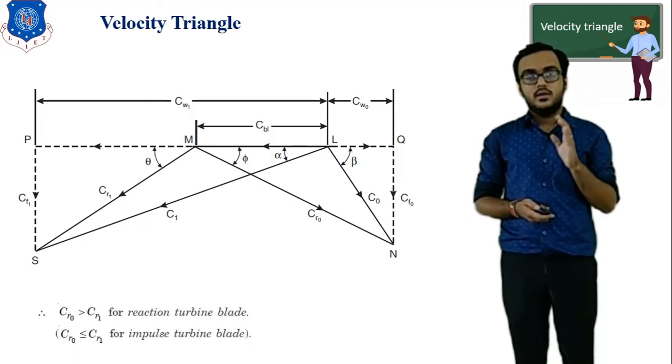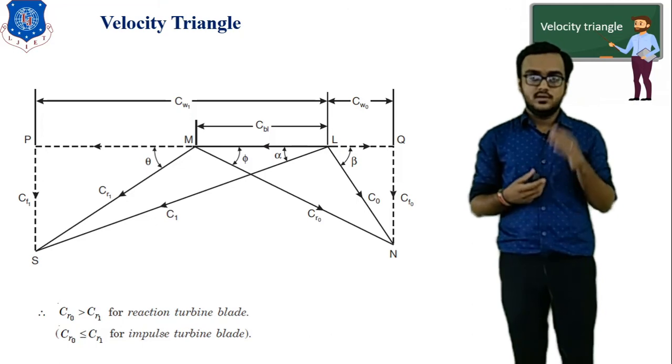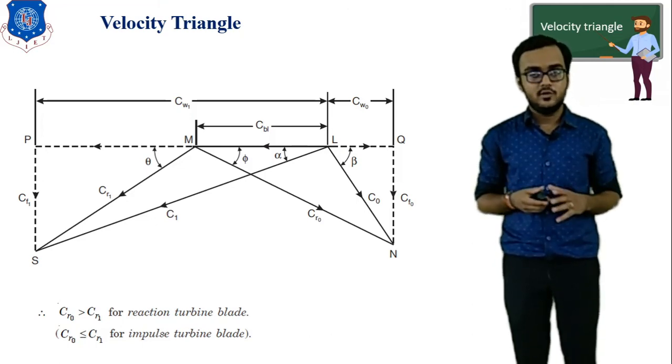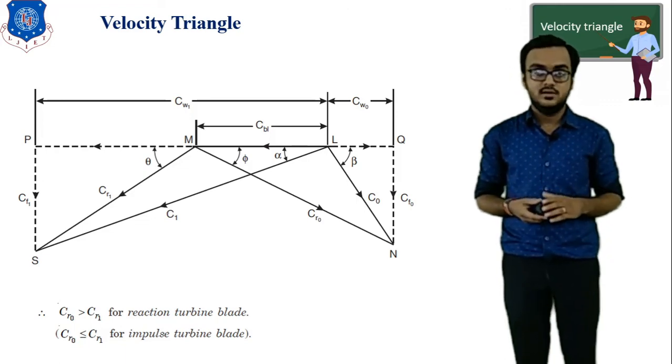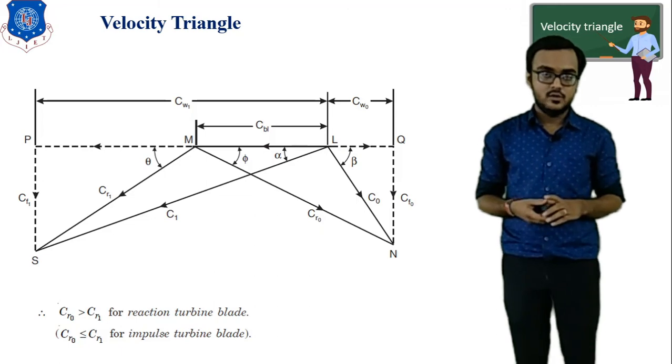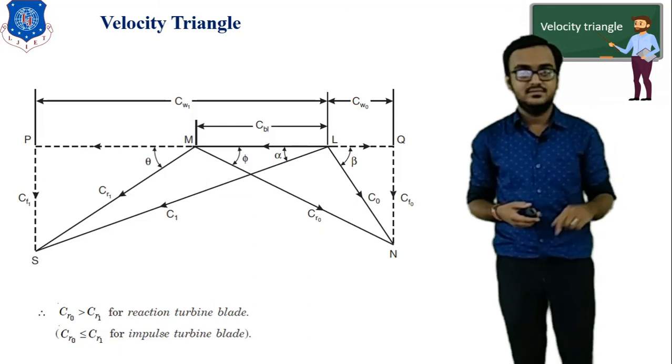So it is all about the velocity triangle of the reaction turbine. Keep this triangle in your mind, and in our further lecture I would like to brief you about degree of reaction. Okay, so stay tuned.